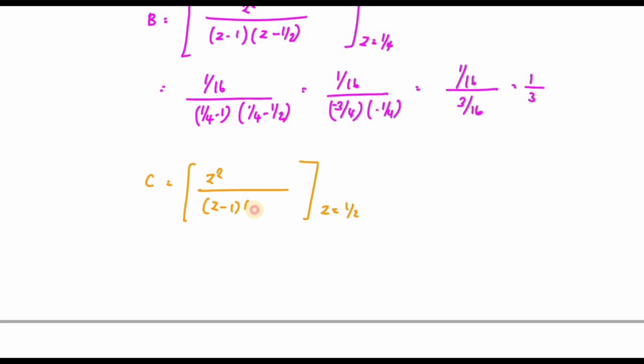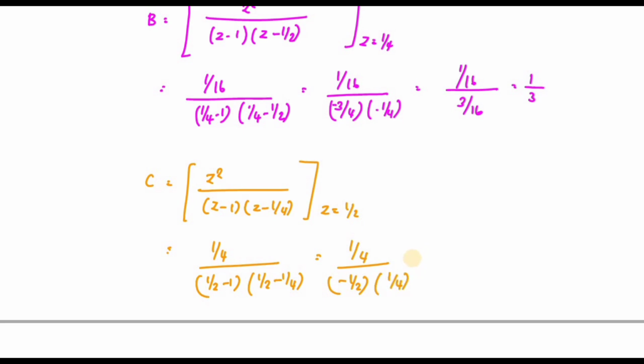So this is nothing but z minus 1 by 4. Okay, so you substitute, this is 1 by 4, 1 by 2 minus 1, 1 by 2 minus 1 by 4. So if I solve, 1 divided by 4, this is minus 1 divided by 2 and this is 1 divided by 4, right? So we'll get minus 2 as your answer.